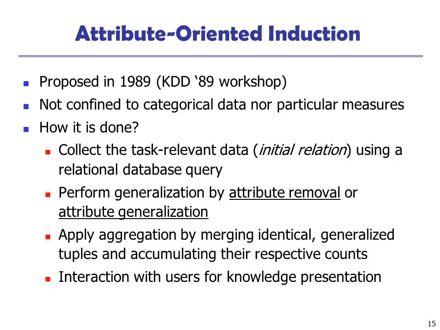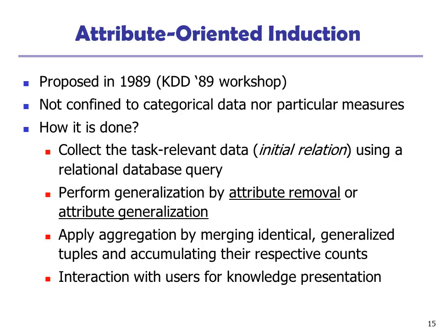And it was proposed in 1989 in a KDD workshop. This process is not confined to categorical data, for example nominal or binary data, right? It's not confined to that kind of data, nor is it confined to numeric data or certain particular measures, right?